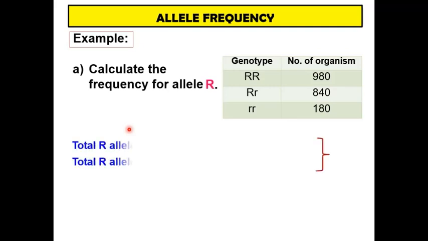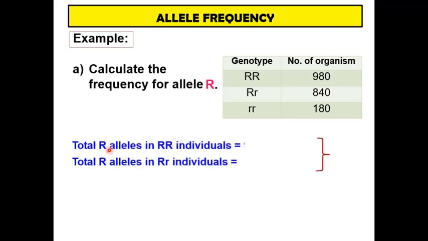What we have to do is find the dominant alleles in homozygous individuals and the total number of dominant alleles in heterozygous individuals.